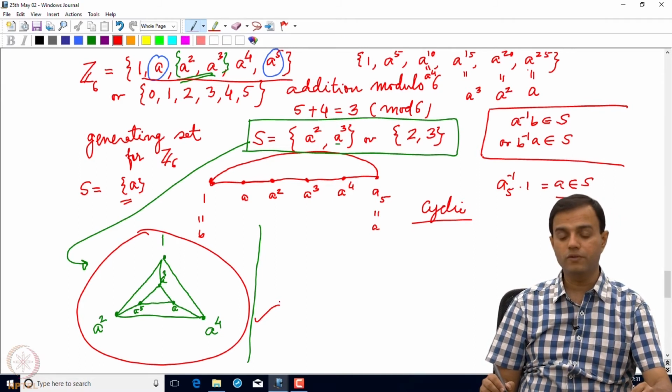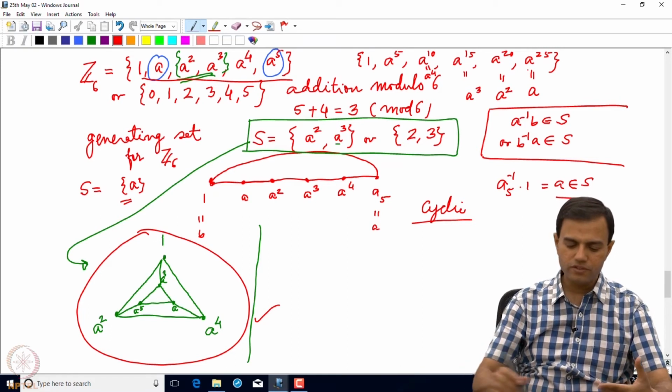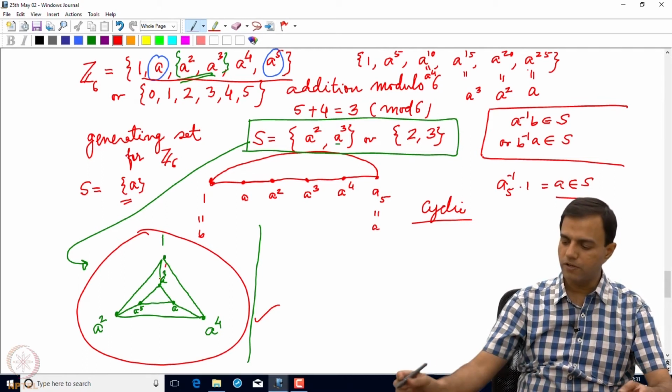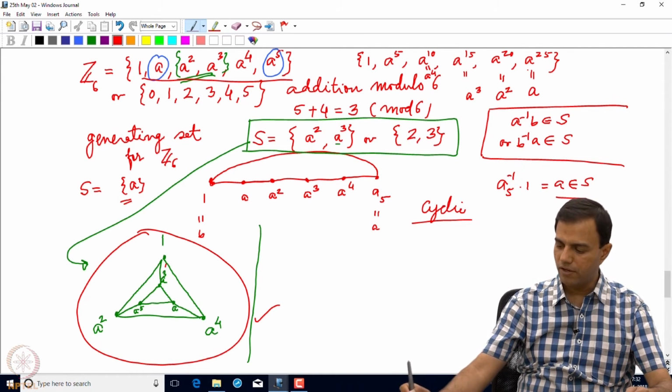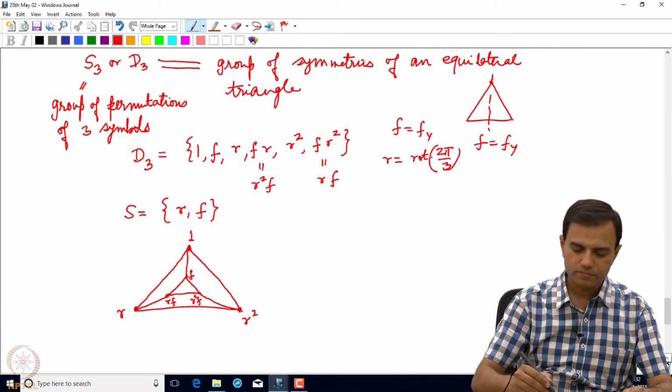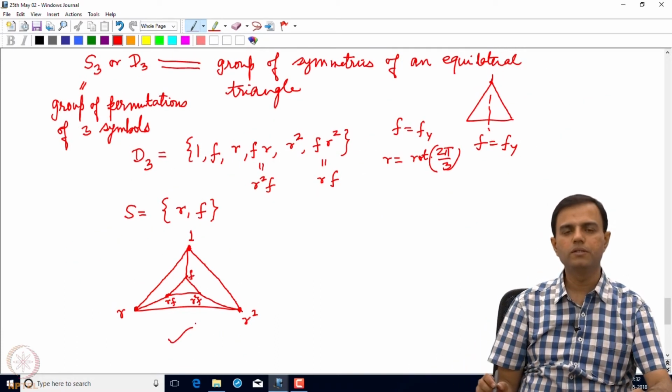So these are two different groups, but their graphs look quite similar. You see, there's a triangle outside, and then the inner vertex is connected to the outer one, and similarly for the group D3, you have same thing coming out.